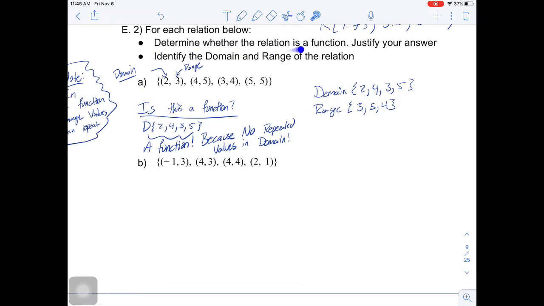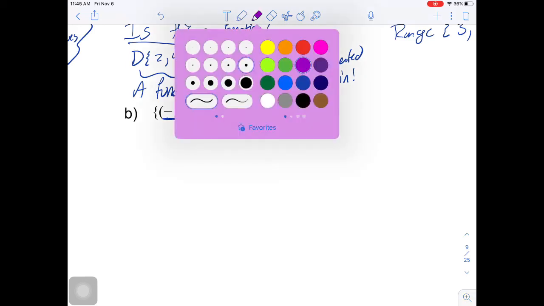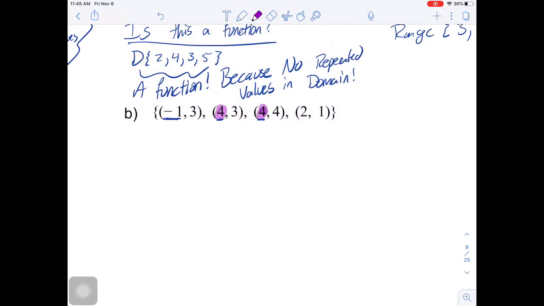So let's first determine if the relation is a function. So here, what's in my domain? I have -1, I have 4 and 4. I can actually stop immediately because I've just found a repeating value. So here I have 4 repeats in the domain.